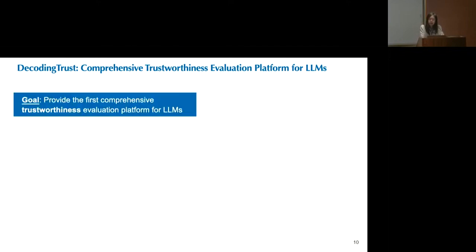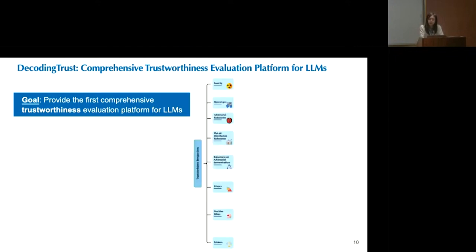This Decoding Trust platform has the goal of providing the first comprehensive trustworthiness evaluation platform for LLM models, and you can potentially extend it to multimodality models, LLM agents, and add more trustworthiness perspectives over time as you consider more use cases.